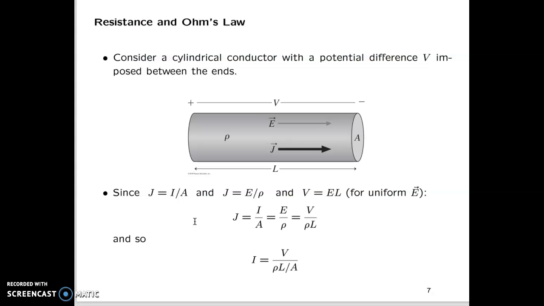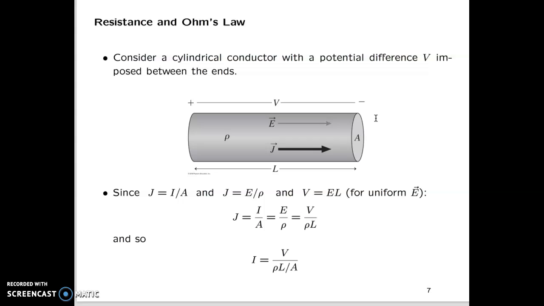Next, we're going to introduce resistance and Ohm's law. So what are we going to do here? Let's consider a cylindrical conductor. Okay, here it is. Maybe it's a piece of copper or something else. And we apply a potential difference, V, between the two ends of the cylindrical conductor.